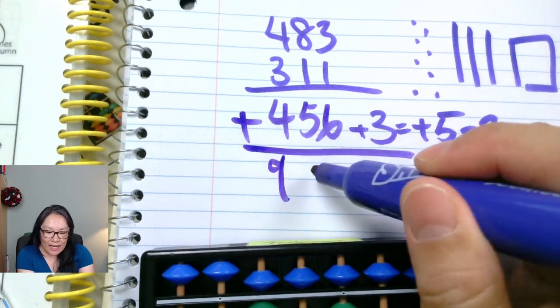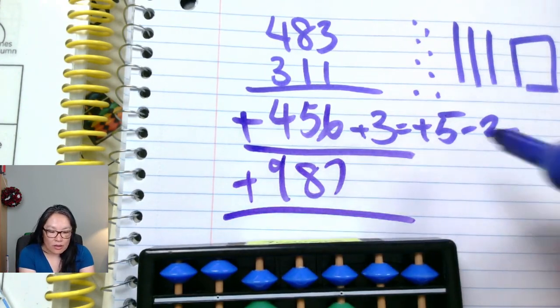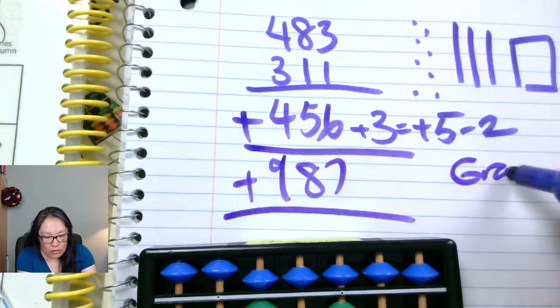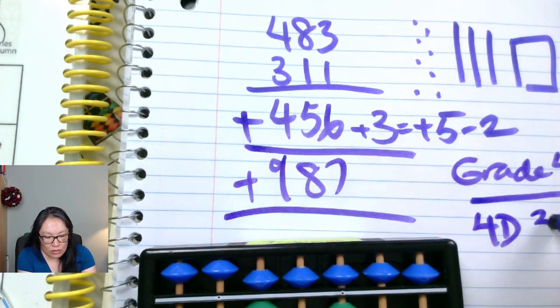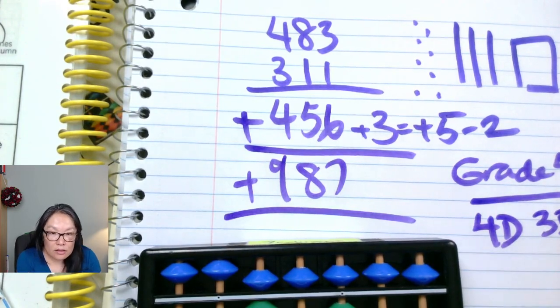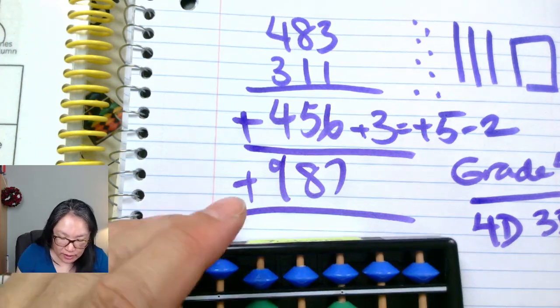So we do like 9, 8, 7. Okay, sometimes. Okay, like that. Yeah, so we can do it.